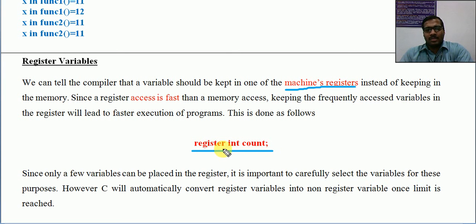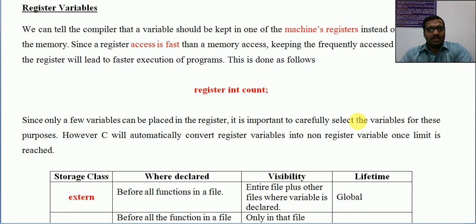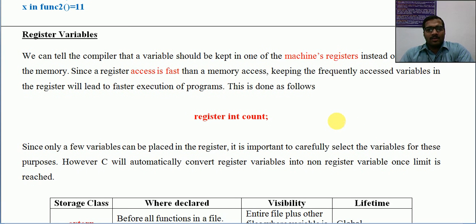Some will be moved to registers, but if the capacity is exceeded, it will be treated like a normal variable. So just remember the fourth category of storage class, which is the register storage class or register variables. It is only for faster access from the machine register memory. We don't give any example here.